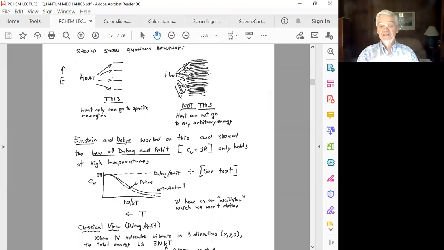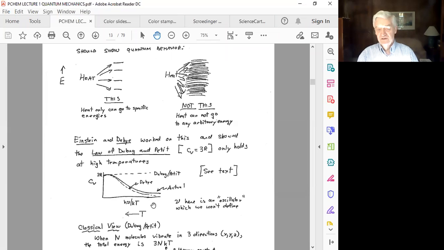This basically says heat capacity at constant volume is 3 times the ideal gas constant. I've said here that it only holds at high temperatures, but I really should have written just the opposite. It holds except at very low temperatures.